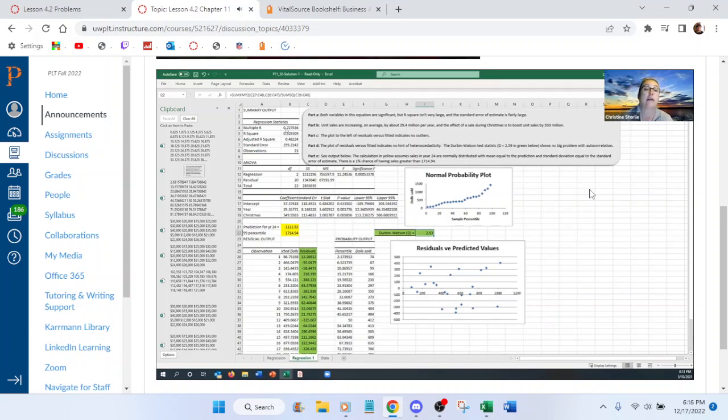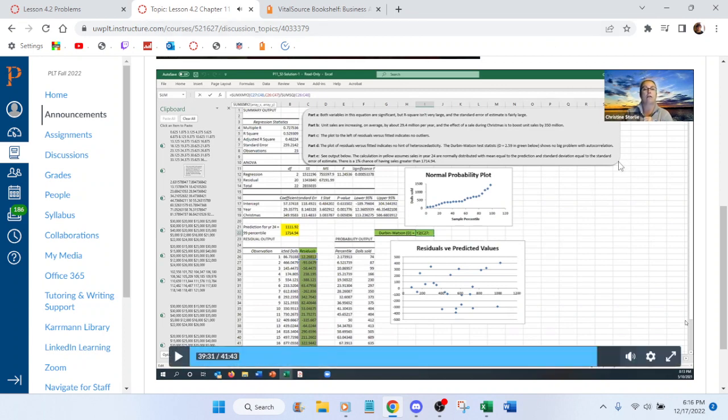Okay. How did I calculate that? I used this formula here, which is SUMXMY2, standing for sum of x minus y squared. Oh my gosh, what is this? I don't even care.